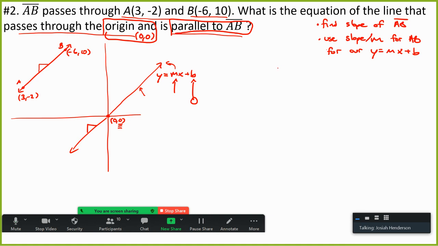Now we already have b. They kind of told us that indirectly because it's going through the origin. So it's 0 for this question. So this is just a slope problem, but we had to understand what's going on with the question before we even started. So technically, we're just finding the slope for AB and then using that in our formula. So let's do that.